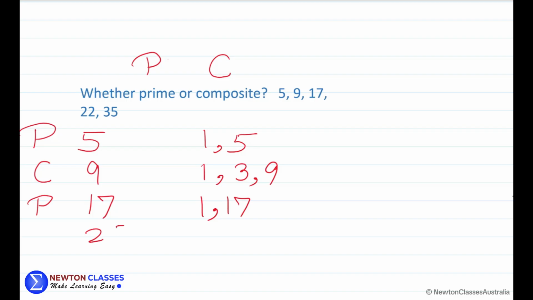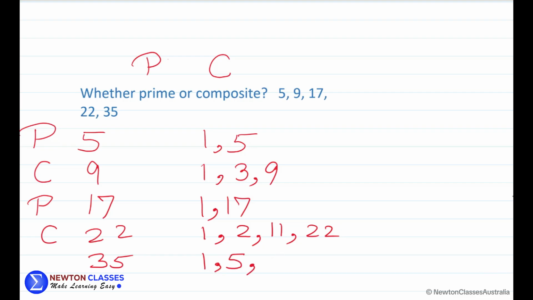Next number is 22. I can divide 22 by 1, 2, and 11, 22. Therefore it is not a prime number, it is a composite number. Let us move on. 35, 1. I can divide 35 by 5.